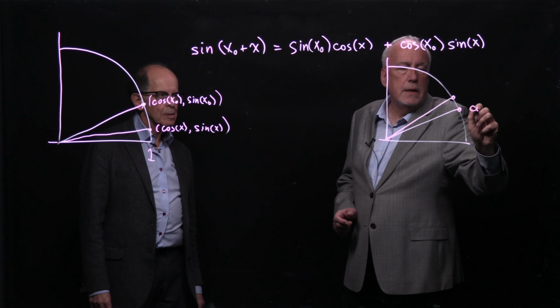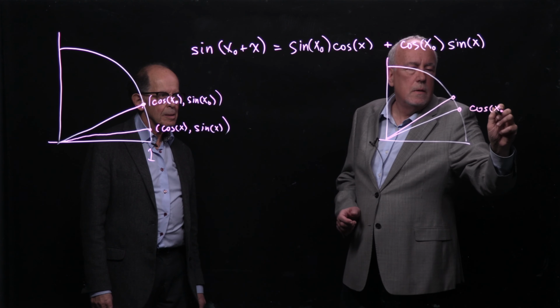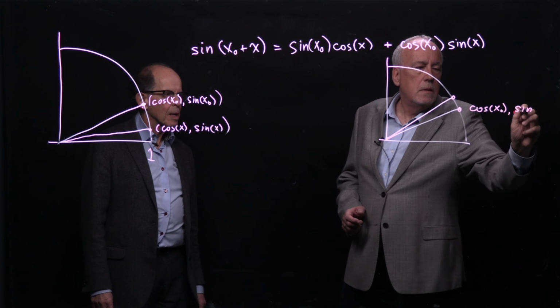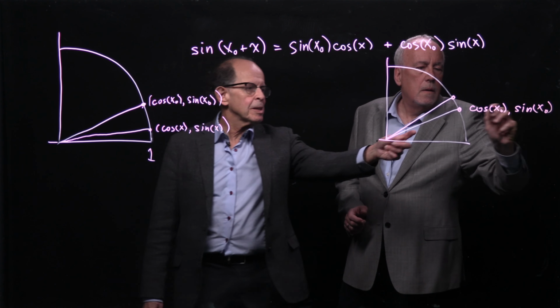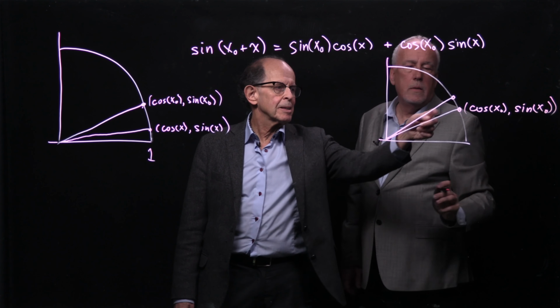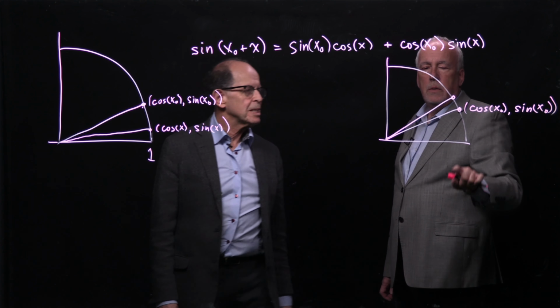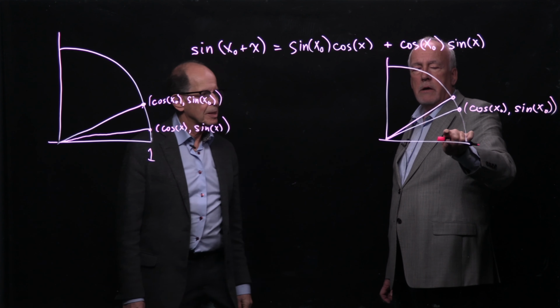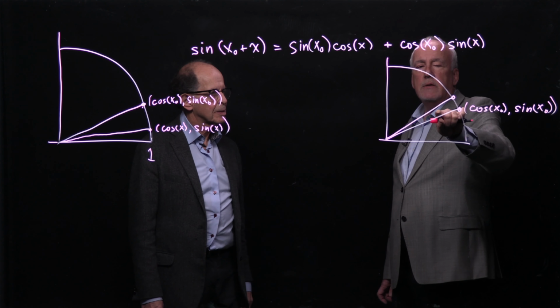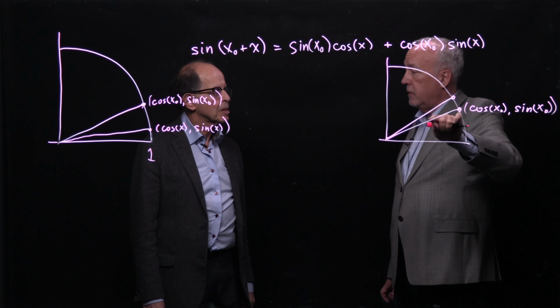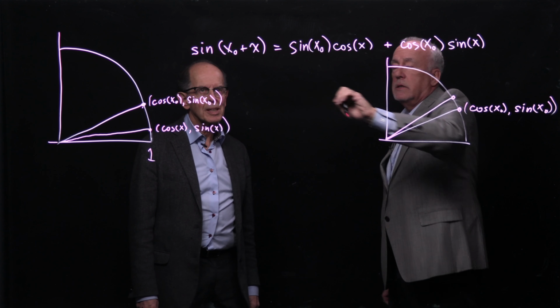Now this is the same, it's still cos x0, sine x0. And now you've got this area, and you're adding this to it. You're rotating by a little piece, so we have this area plus this area. That gives me a new point, which has the sum of the two areas, adding up to x0 plus x.